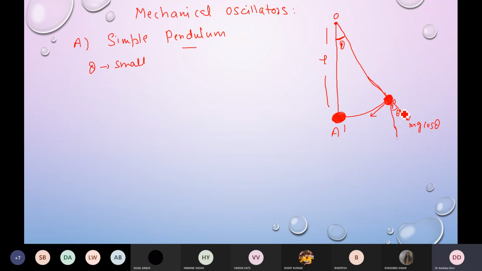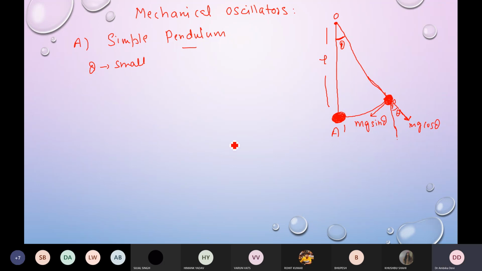Sorry, this is the radial component mg cos theta, and this is the transverse component mg sin theta.